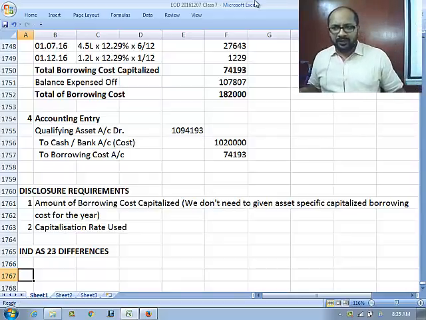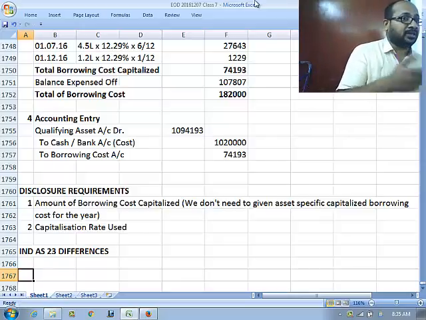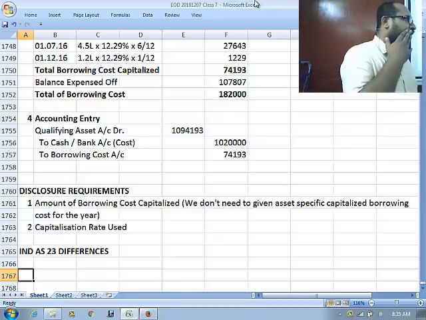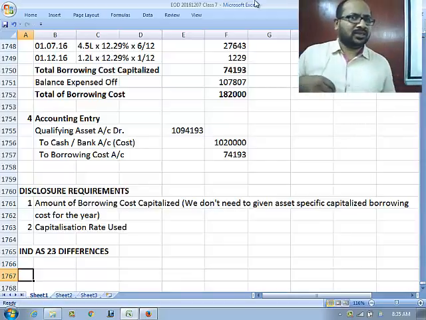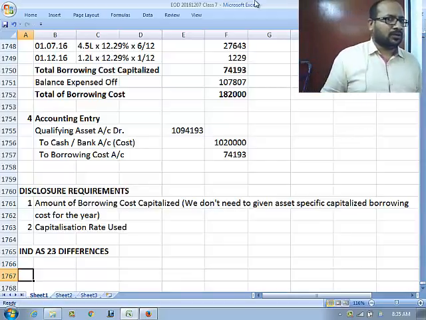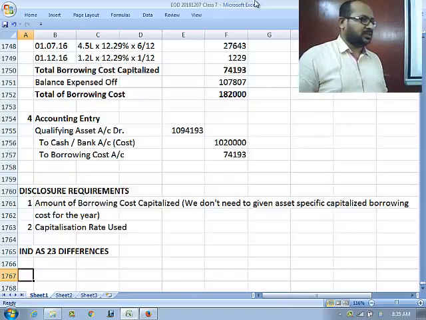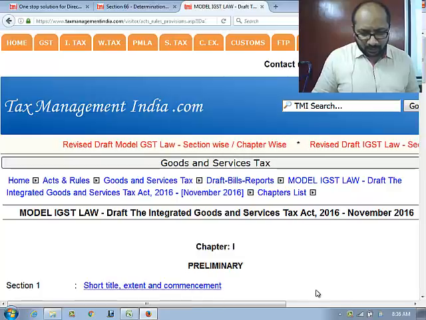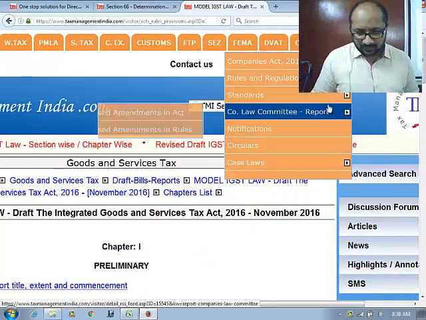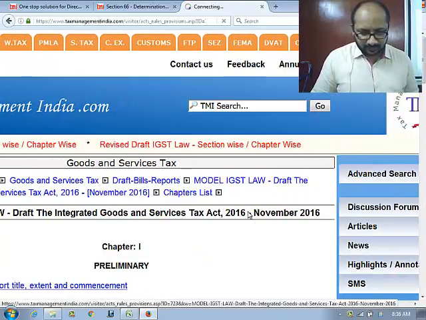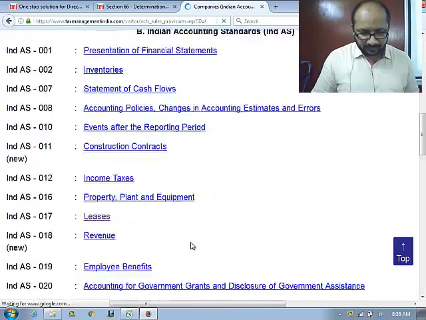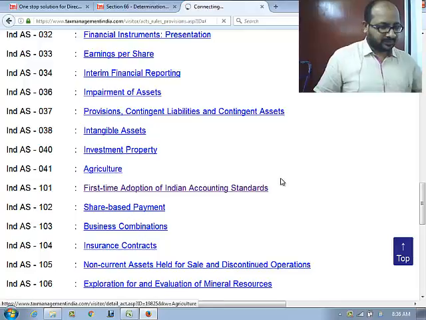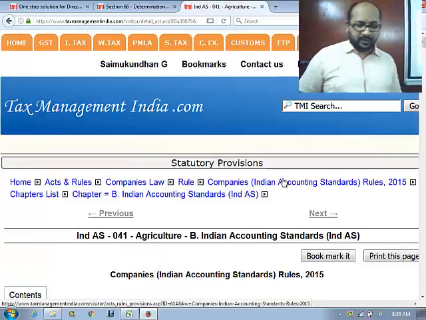The one that we require to understand is something about assets measured at fair value. A direct example: IND AS does have an accounting standard for biological assets. In fact, I'll just show you, separate accounting standards for agriculture.